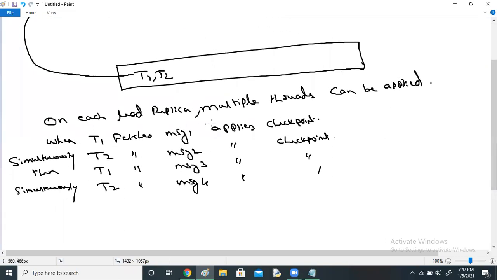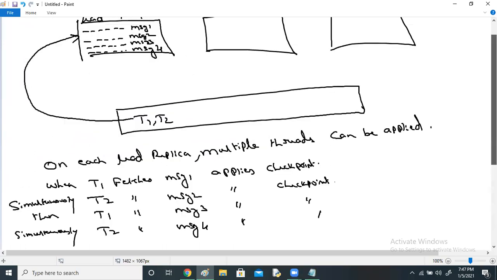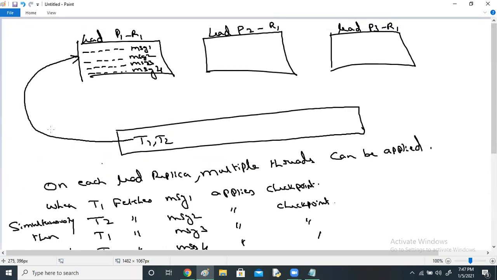On each lead replica, multiple threads can be applied. T1, T2 threads. So message 1, message 2, message 3, message 4. When T1 fetches the first message, it applies a checkpoint. Simultaneously, T2 fetches message 2 and applies a checkpoint.